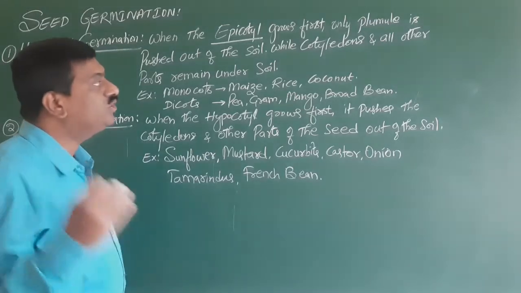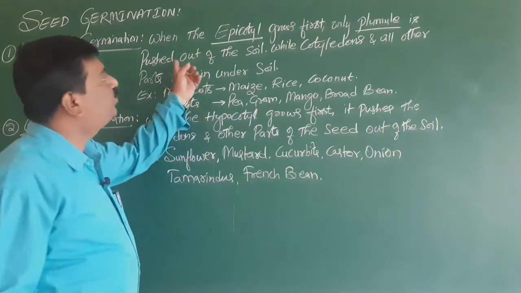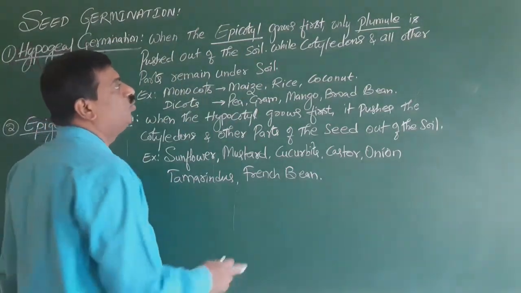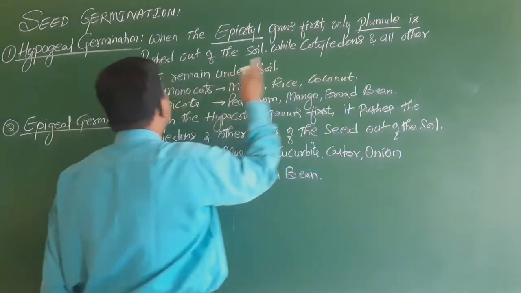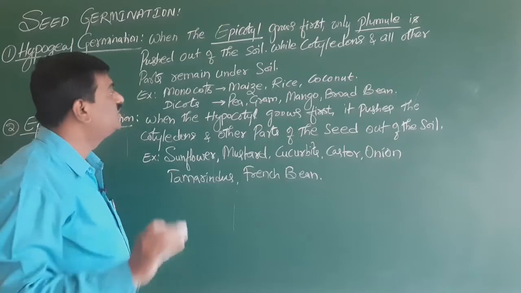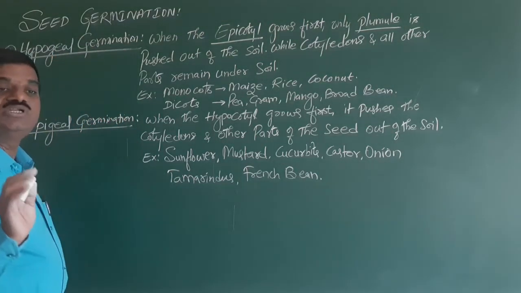Once the epicotyl grows first, the plumule is pushed out of the soil, while cotyledons and the other parts remain under the soil. Such type of germination is called hypogeal germination.